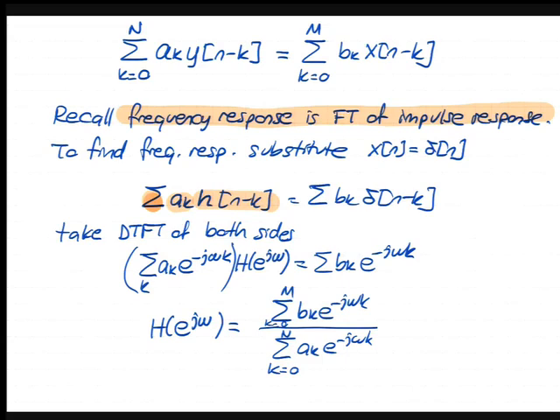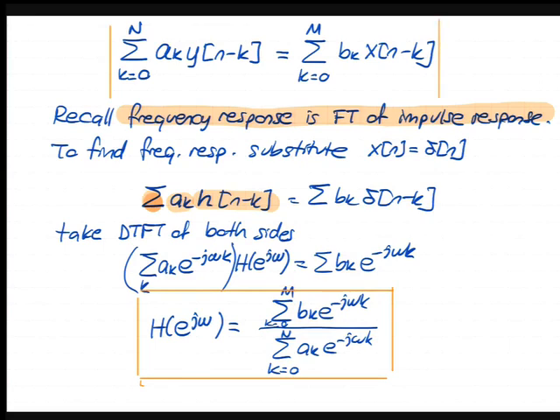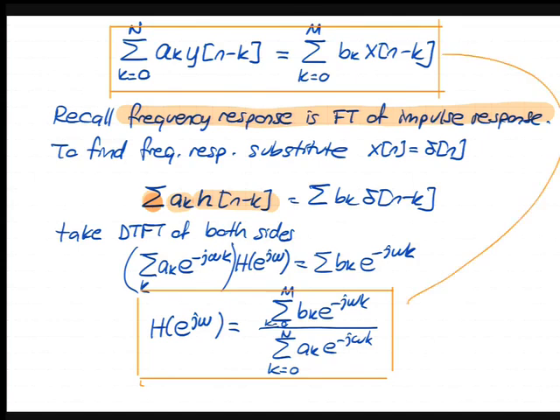Now we know how to go from a difference equation to its frequency response directly. I don't need to even remember that there is an impulse response in the middle connecting them. You just look at the coefficients of your difference equation, plug them into this expression, and you get the frequency response. Isn't that convenient?